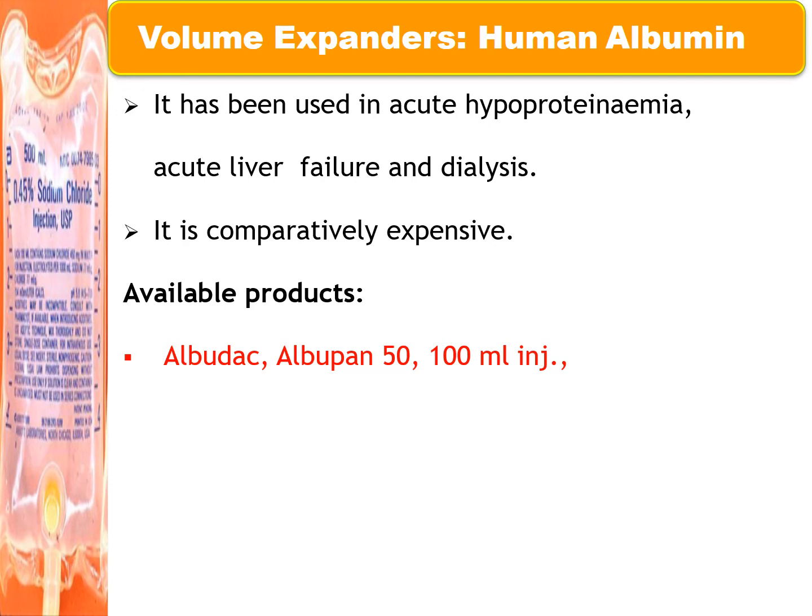They are Albudac and Albupam, 50 or 100 ml injection, and albumin 5% and 20% infusion in 100 ml.